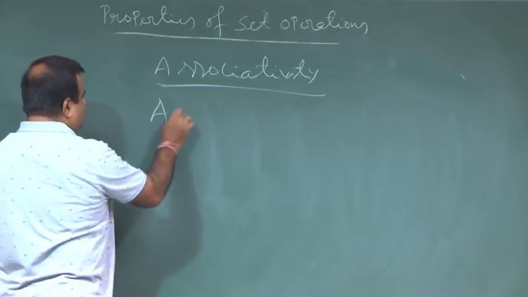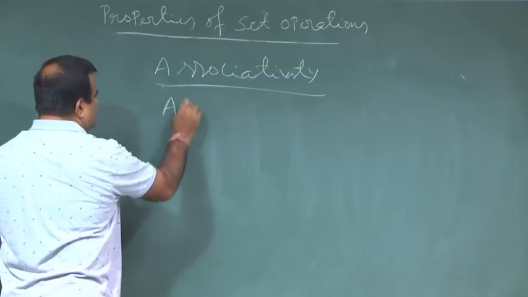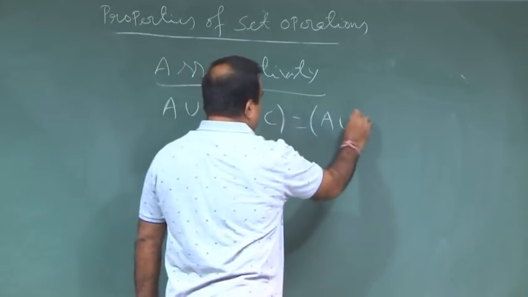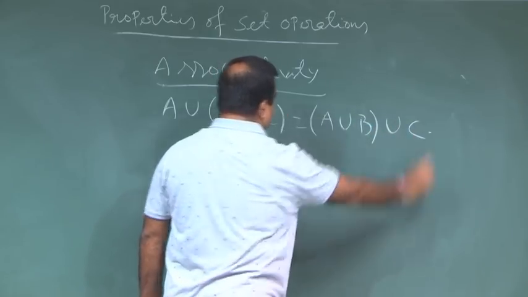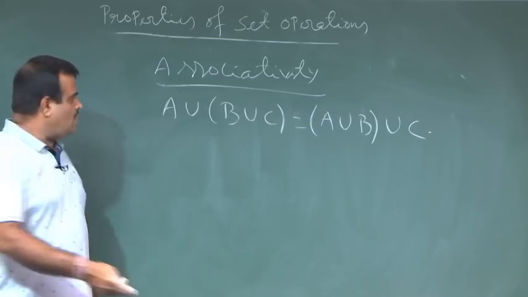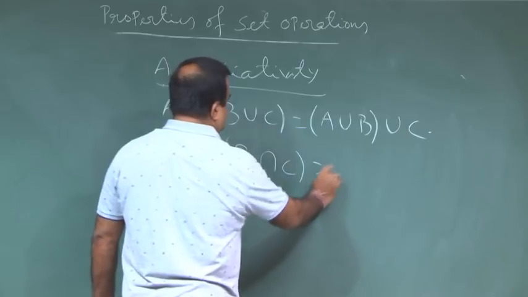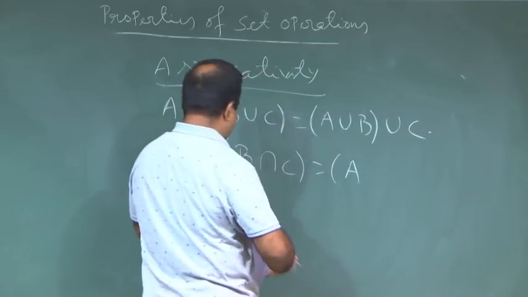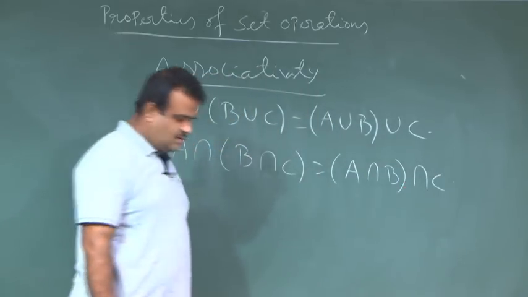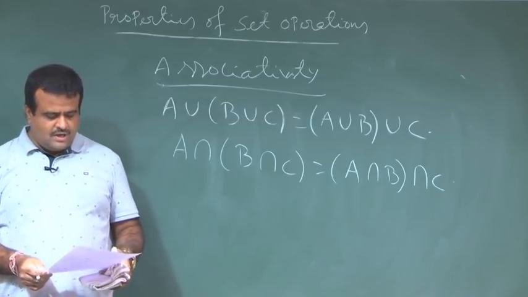If you take three arbitrary sets A, B, C, then A union B union C is basically A union B union C, and this is true for intersection also. A intersection B intersection C. Okay. So, this is the associativity property.